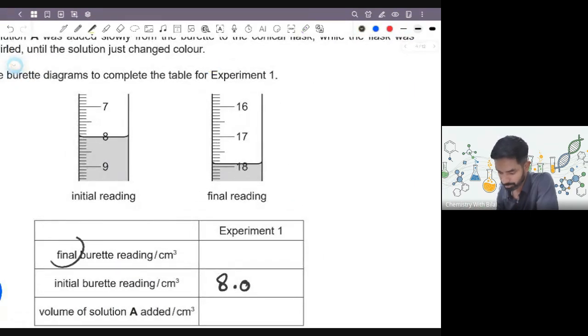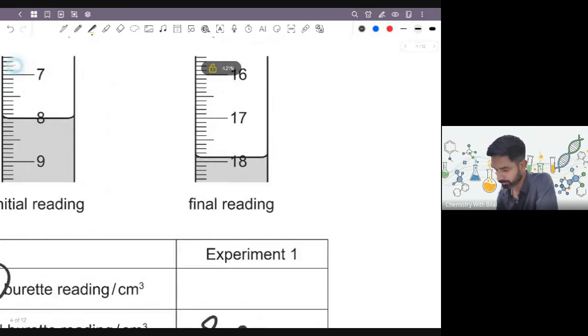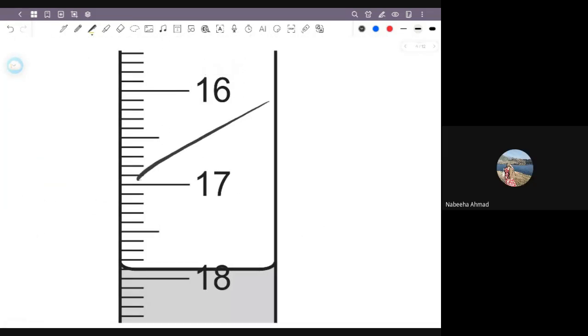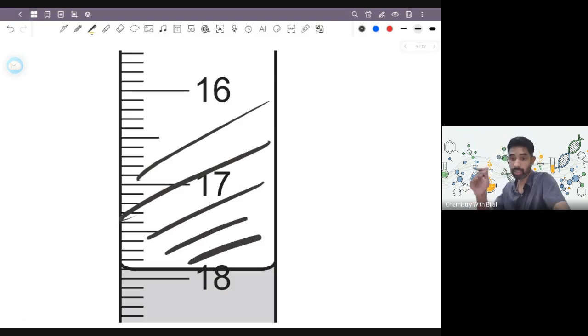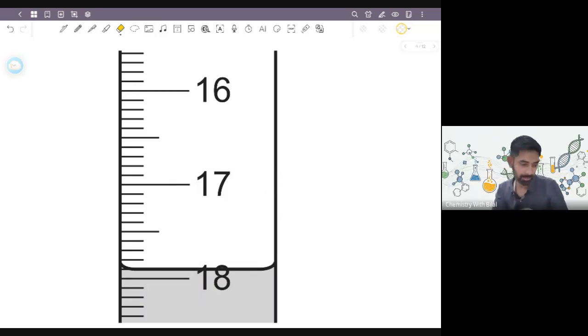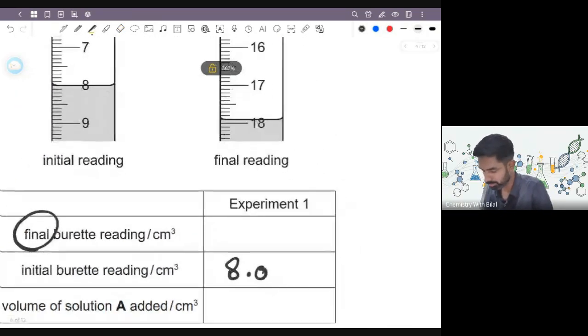What is the final reading? Final reading क्या? What is it? 18.1. ये यहाँ से ये है जो फाइनल रीडिंग जो एम्प्टी हो गया, ऊपर से आ रही रीडिंग, ऊपर से 17.9. क्या है रीडिंग बेटे? 17.9. So the final reading is 17.9.